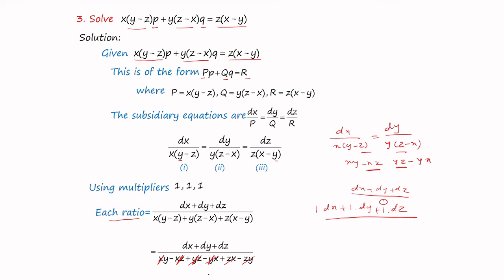So all the terms get cancelled, and the denominator becomes 0 now. So you have each ratio is equal to dx plus dy plus dz by 0. Now you can easily integrate it.